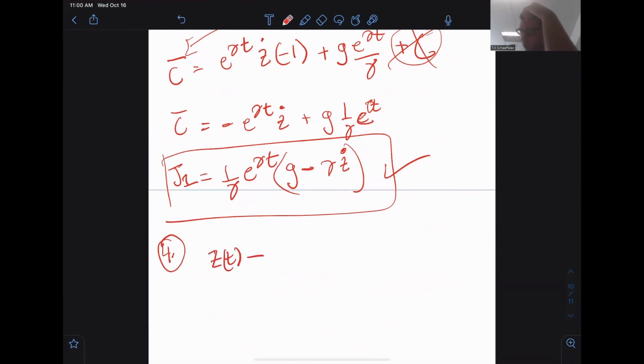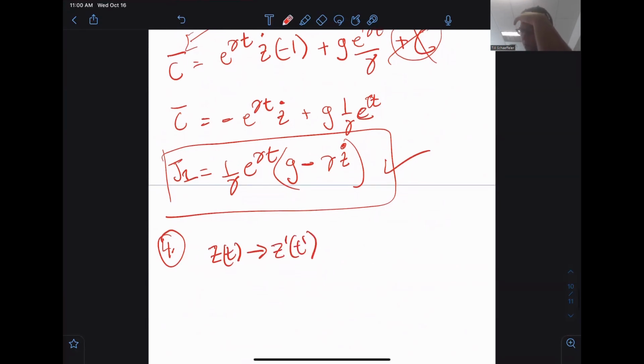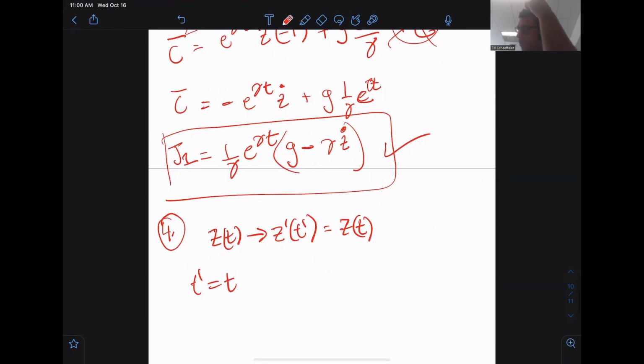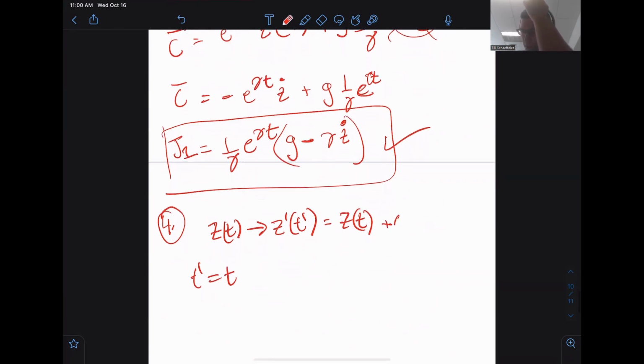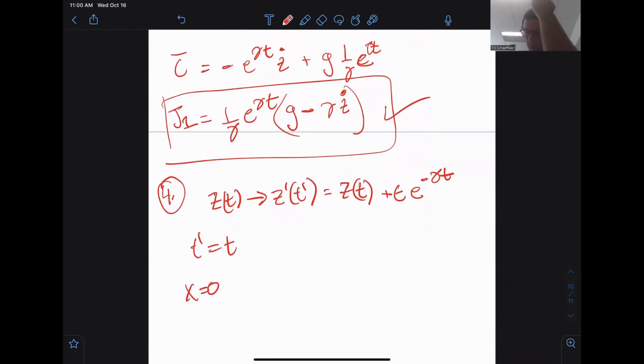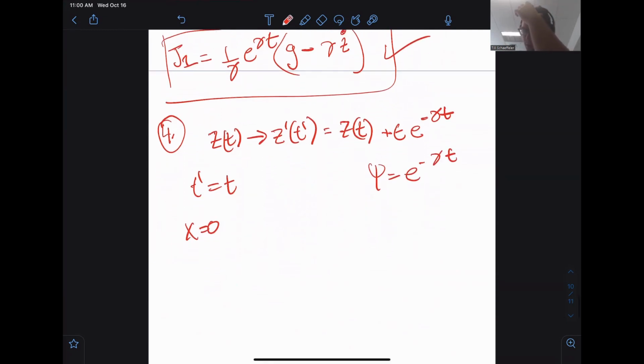So z goes to z prime of t prime, which is equal to z of t plus epsilon e to the negative gamma t. So this x is still 0, like I said, and this phi is equal to e to the negative gamma t.